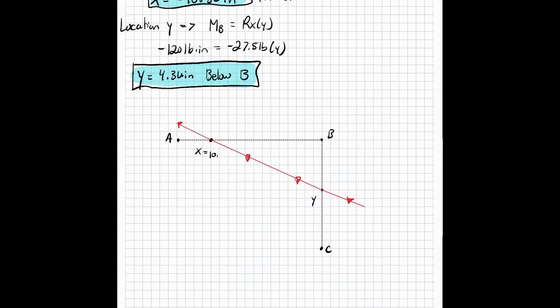We have 10.3 inches and 4.36 inches. Basically that says from here to here is 10.3 inches, and 4.36 inches from point B to there.